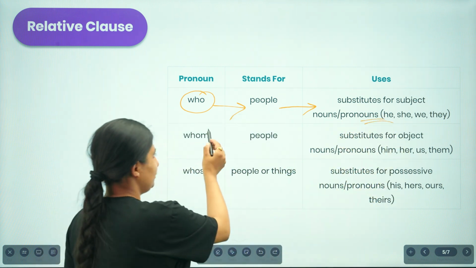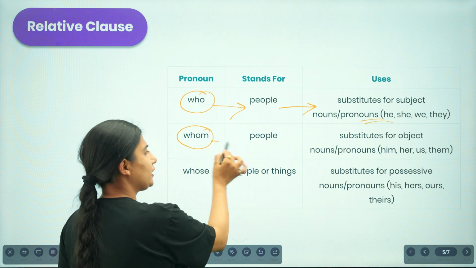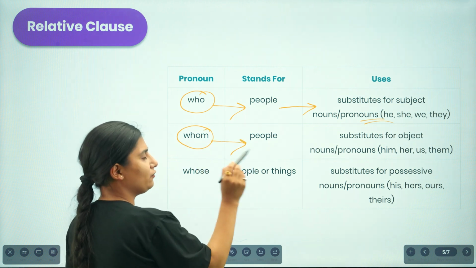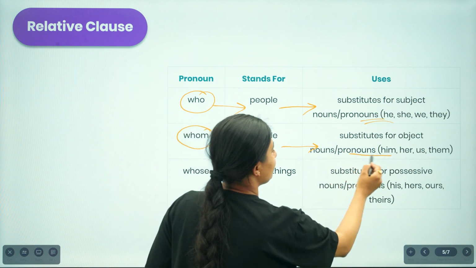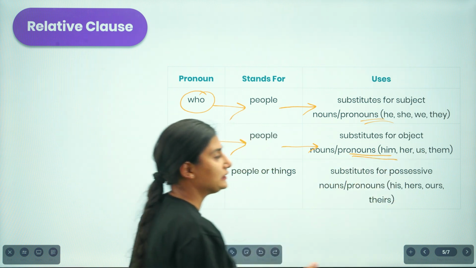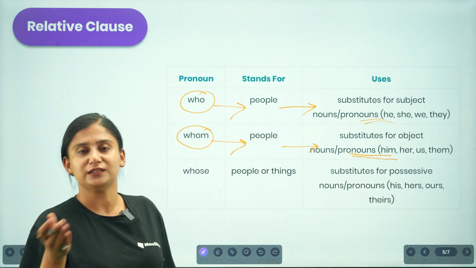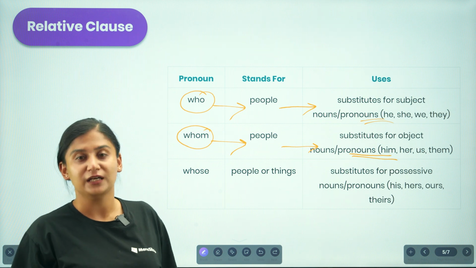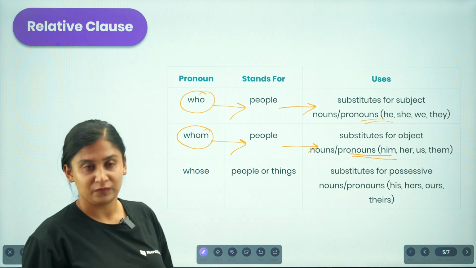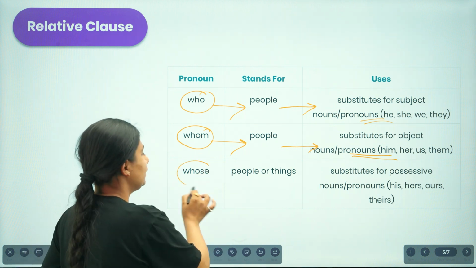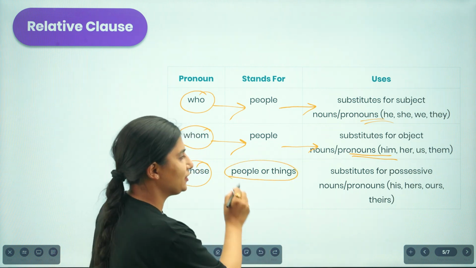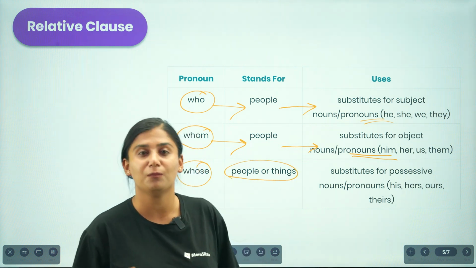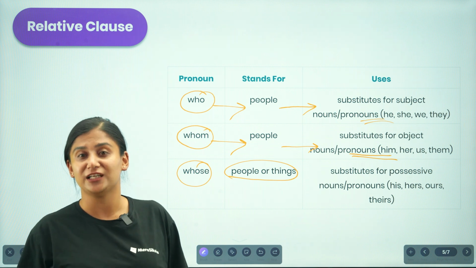And then moving on to the next, we use "whom" again for people, but when we talk about a noun or pronoun that stands in the place of an object, then we use "whom". And moving on to "whose", we use "whose" to talk about people or things, when we talk about something that reflects the idea of possession.